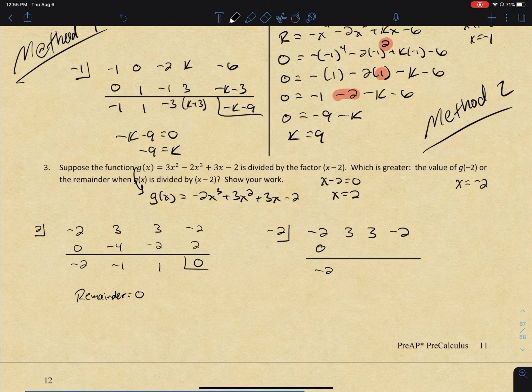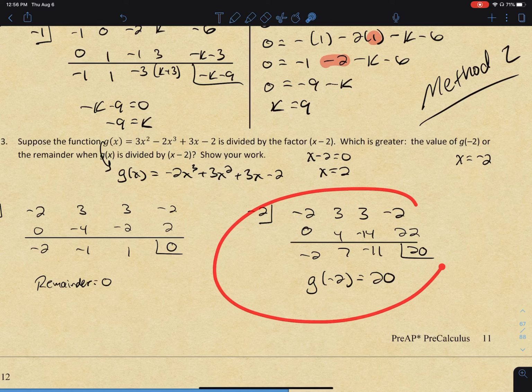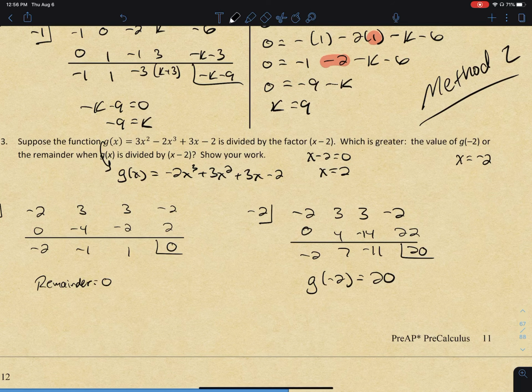So I add and I multiply and I add and I multiply and I add and I multiply. So what this is suggesting is that g of negative 2 is 20. And I would argue that this is much faster than plugging the negative 2 into here directly, doing it by hand.